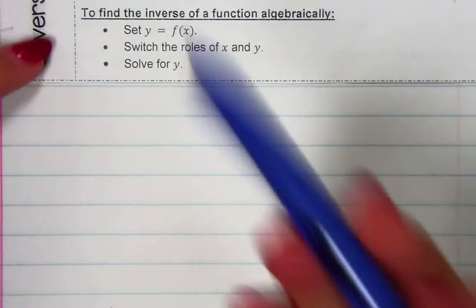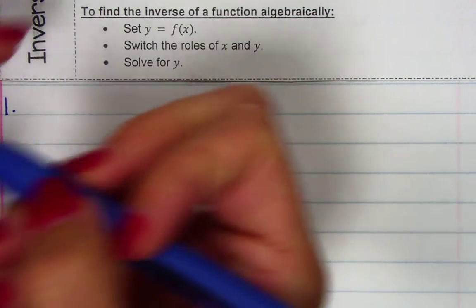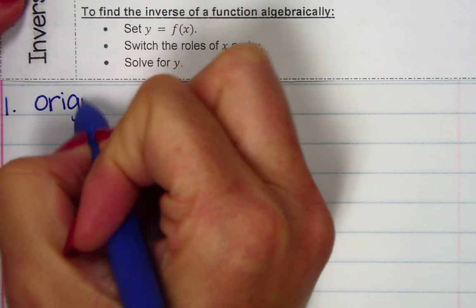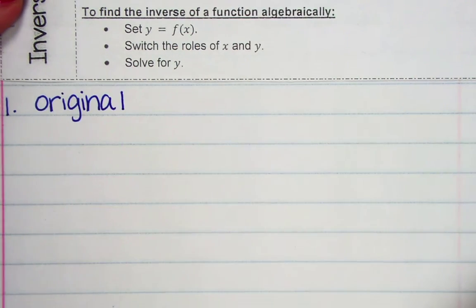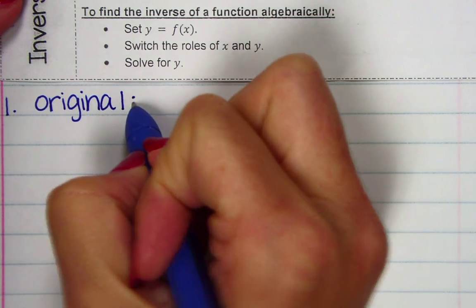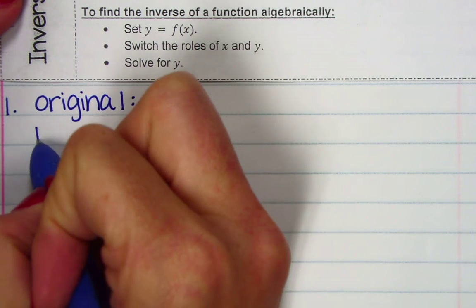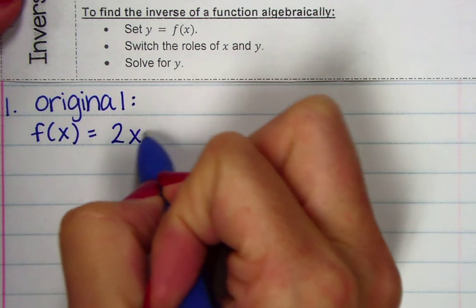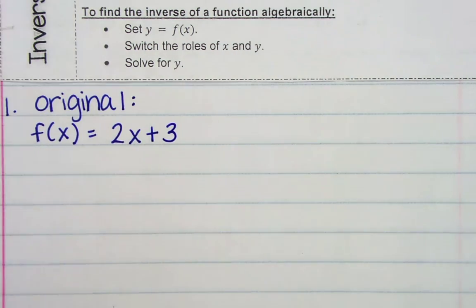Number 1. I'm going to write original, so you know the one that we're starting with. You don't have to write this every time. I'm just doing it since it's the first problem in the notes. Our original function on this one is f of x equals 2x plus 3. That's the one we're starting with. Just a linear function.